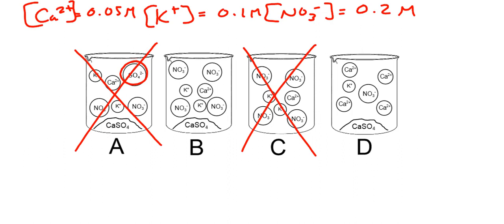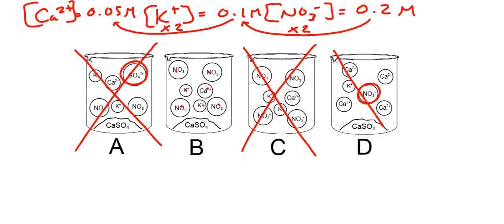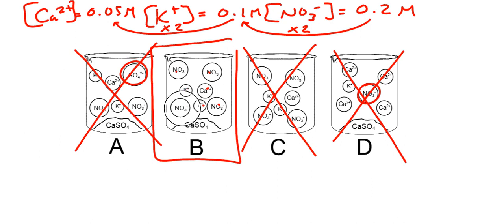This one is double this, and this one is double this. So that means I should have quadruple the NO3s, double the K plus, 2 the Cas. So if I look at this right here, I don't have that many NO3s, but here I have 1, 2, 3, 4 NO3s, 2 Ks, and 1 Ca. So this is the proper answer because of the mole ratios. Hope you did well. Good luck.